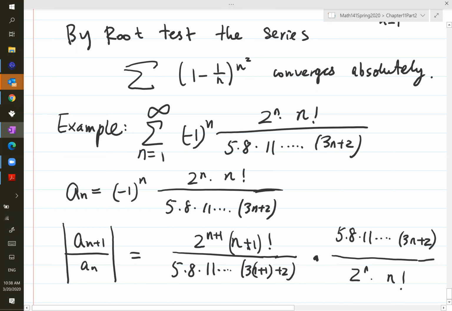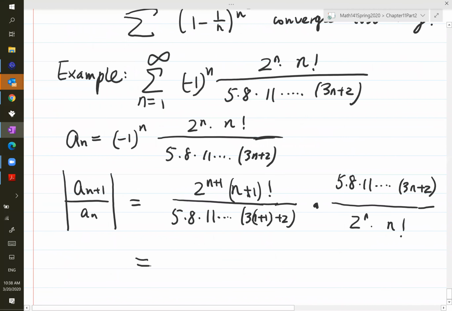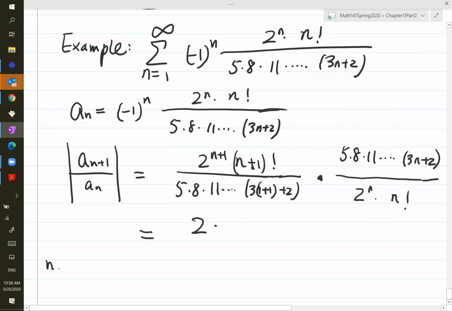Now you see what factors remain. 2 to the power n plus 1 cancels 2 to the power n, so we have a factor 2 remaining. (n plus 1) factorial over n factorial is n plus 1, the last term. So this is n plus 1.